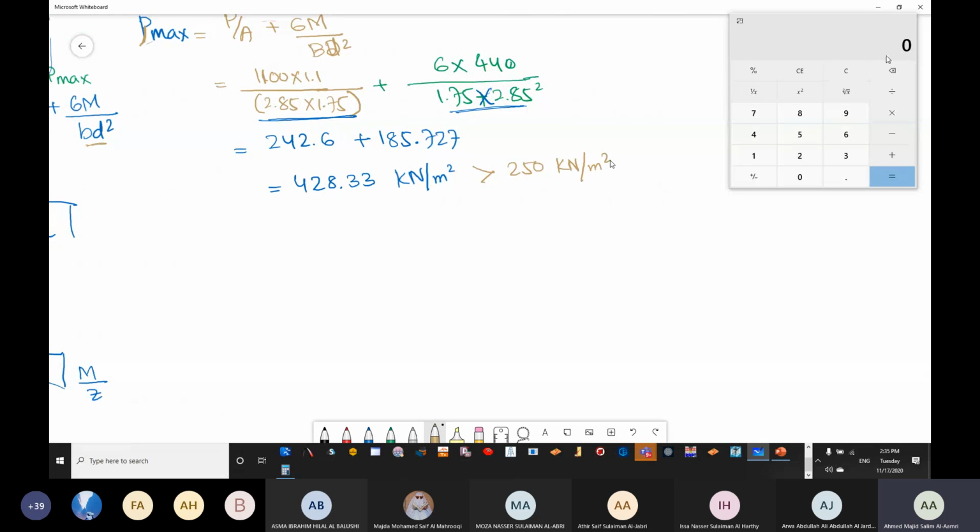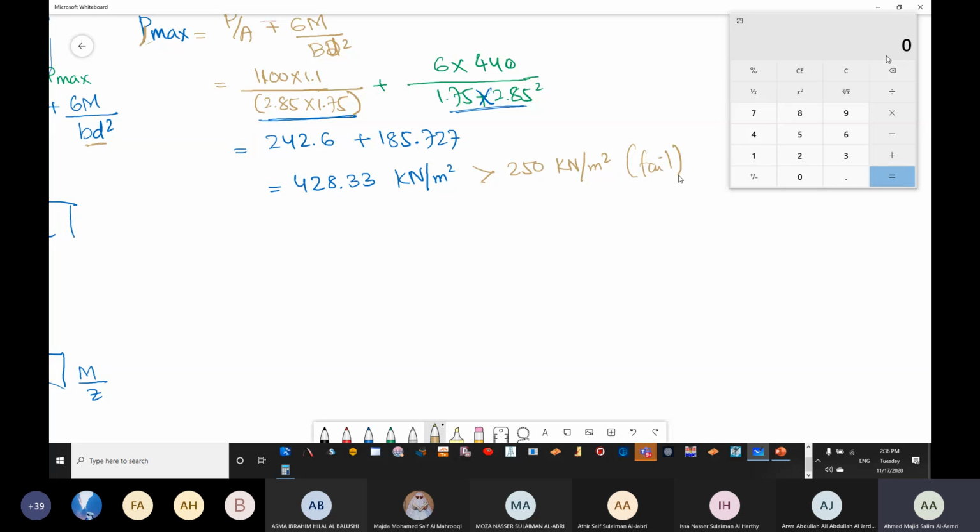Do you agree? In the question it says safe bearing capacity is 250. The pressure caused by the loading is 428. So will the foundation fail? Once again, the soil can take up to 250. You are applying 400. Will it fail? Yes, it will fail.